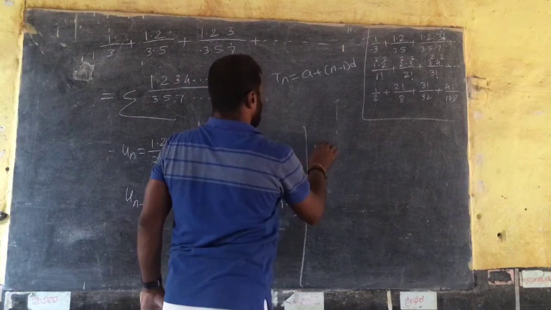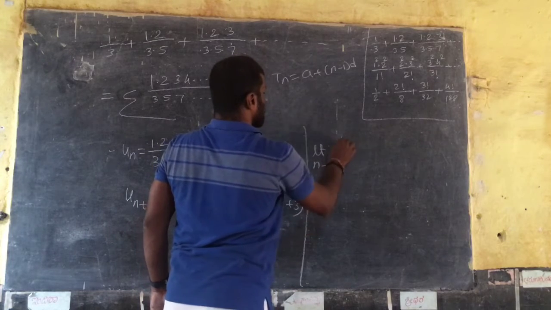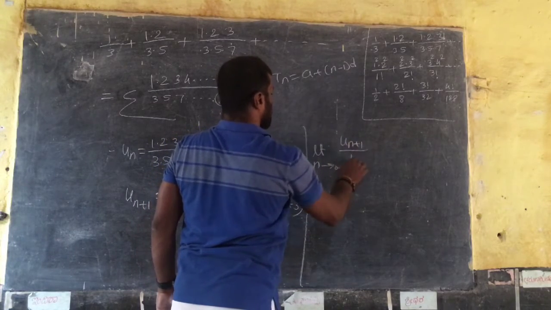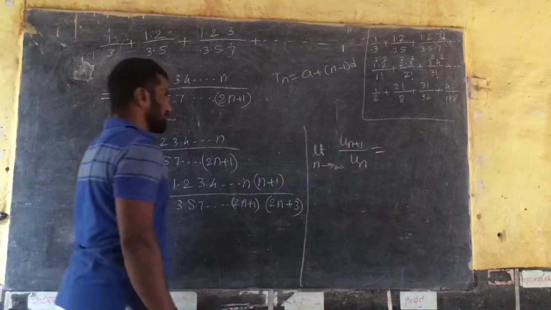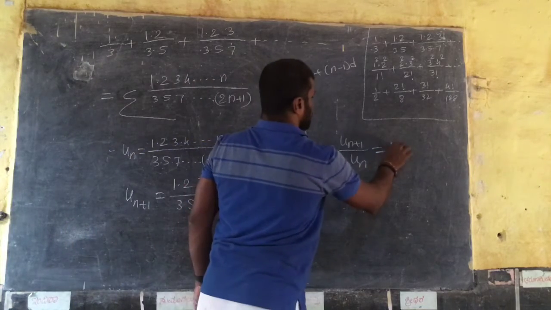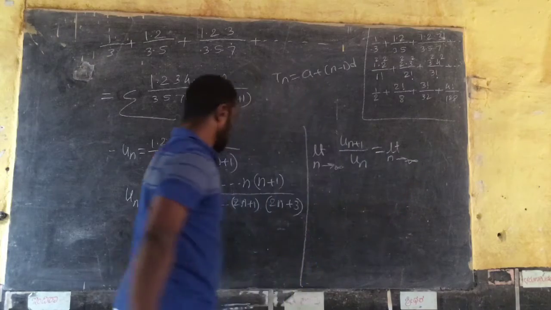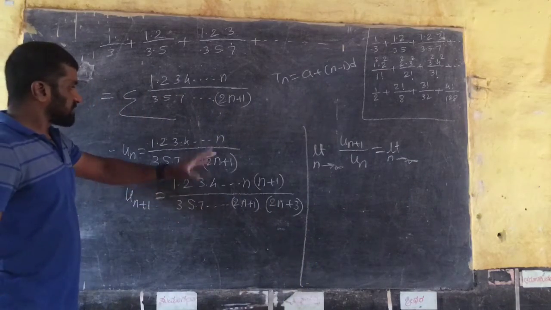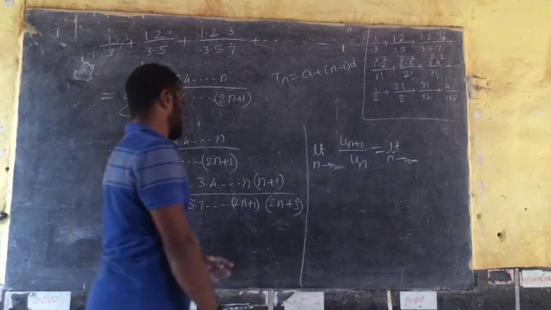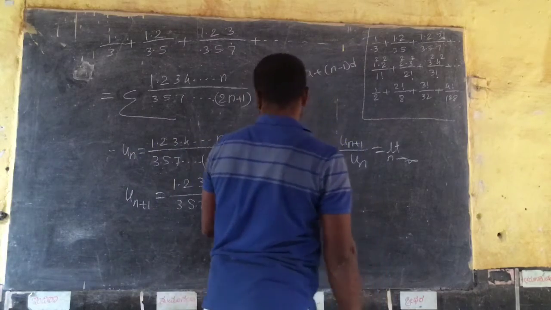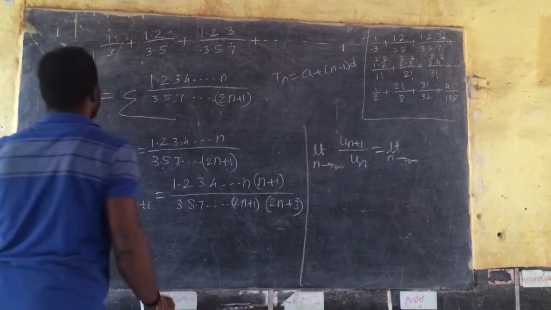What happened? The limit as n tends to infinity of u_n plus 1 divided by u_n, that equals the limit as n tends to infinity. So this divided by this, I can write it like this.